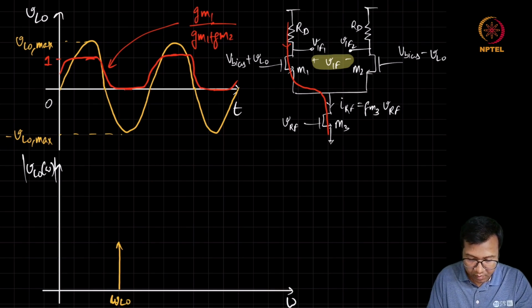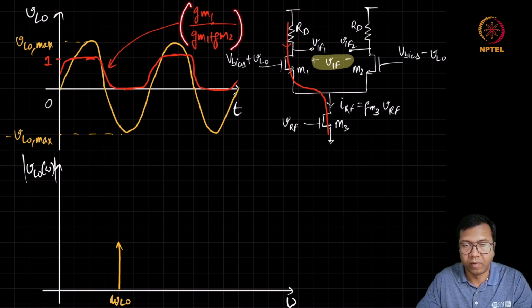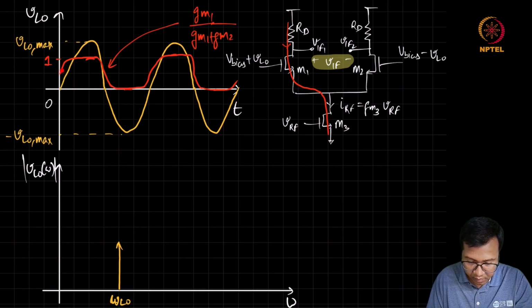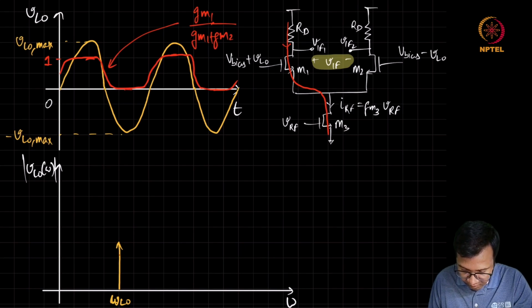Whereas the actual coefficient which is going to appear in the expression for the VIF is going to have a lot more harmonics because of this distorted waveform. So this GM1 by GM1 plus GM2 is going to have something like this.